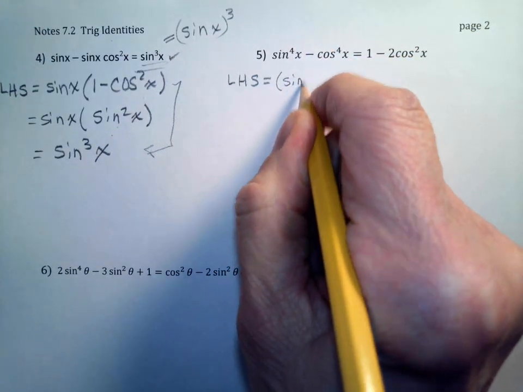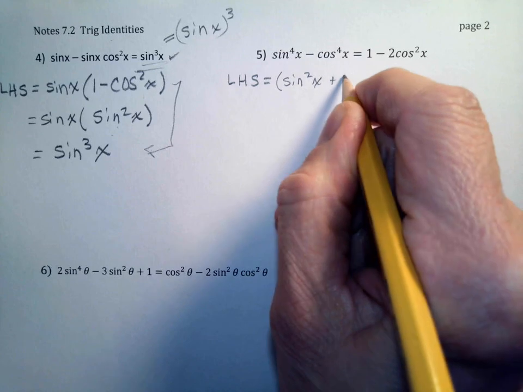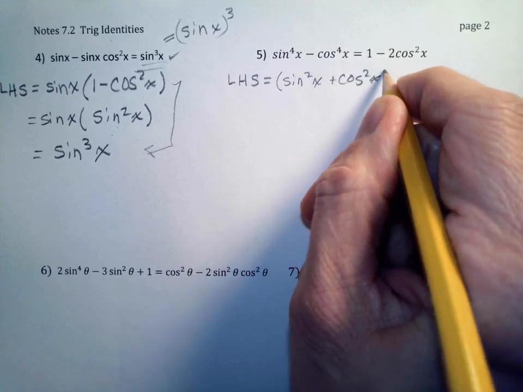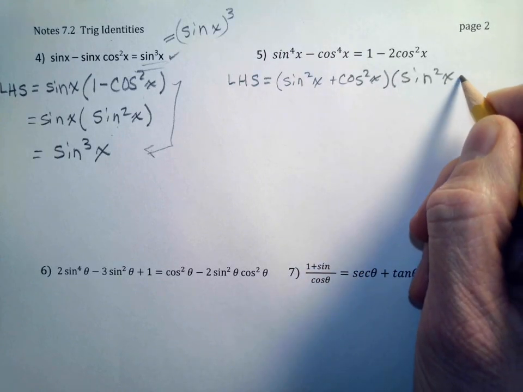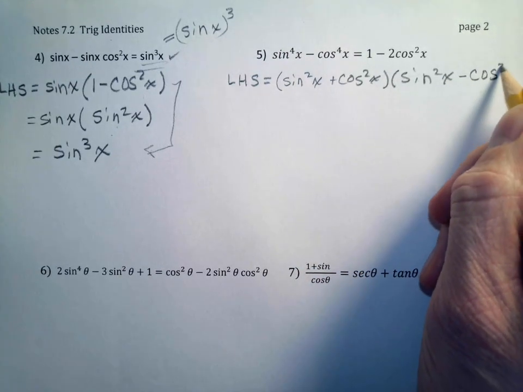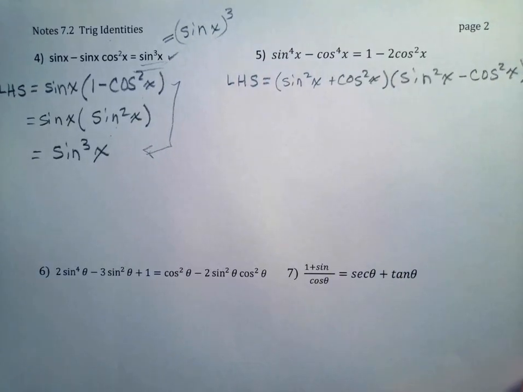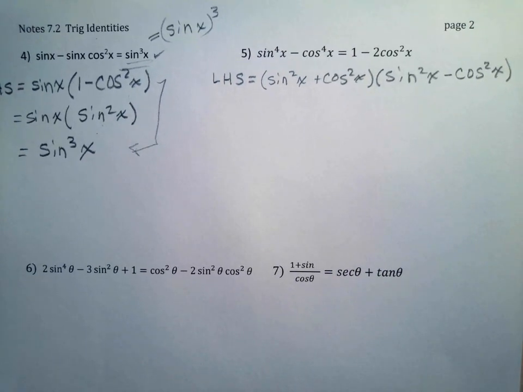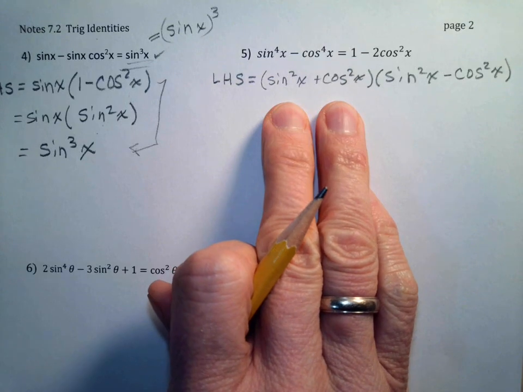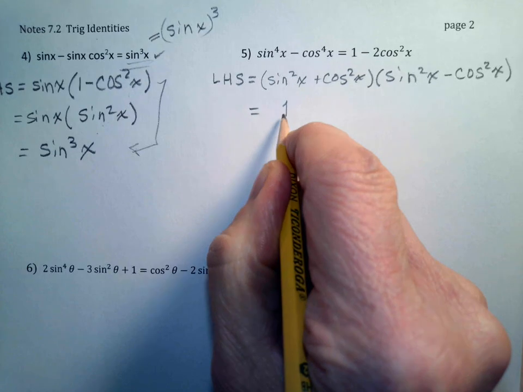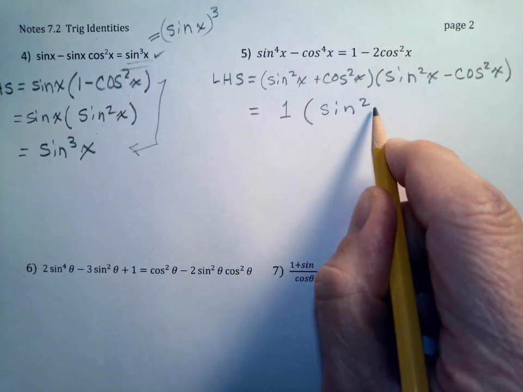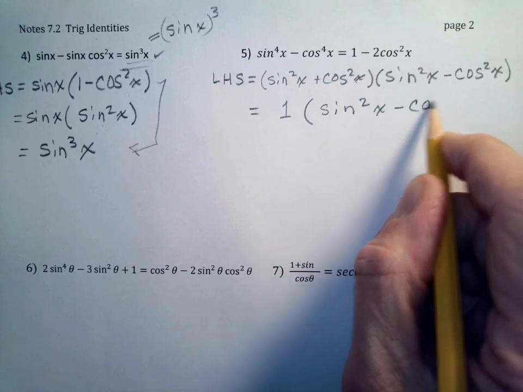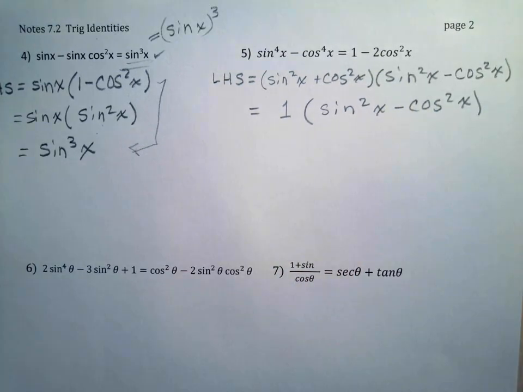We get the quantity sine squared x plus cosine squared x times the quantity sine squared x minus cosine squared x. And I can replace this with a 1. All right, so that's 1 times sine squared x minus cosine squared x.